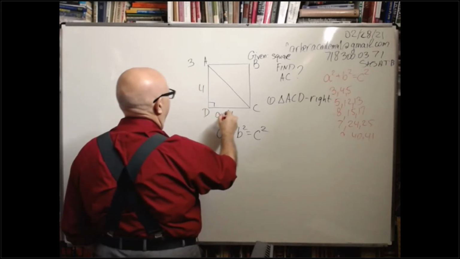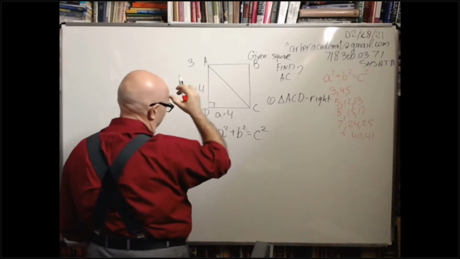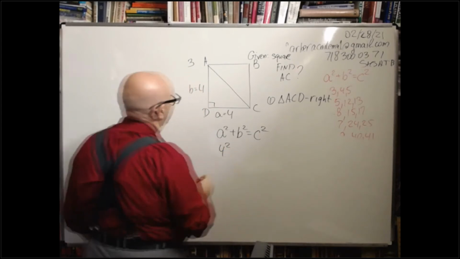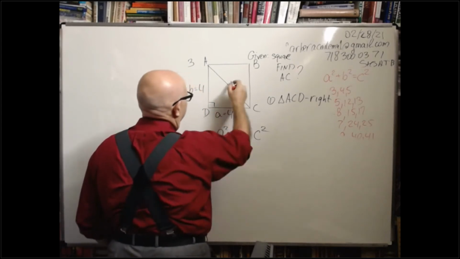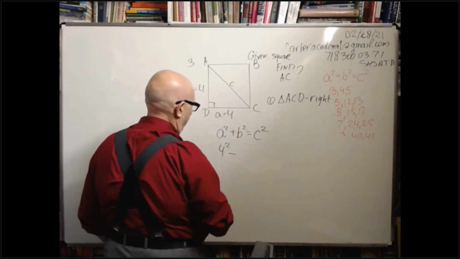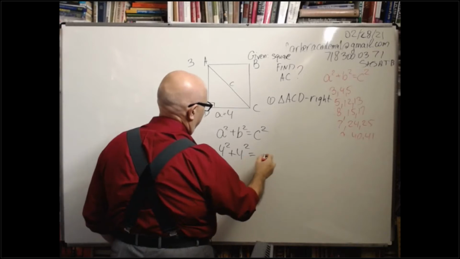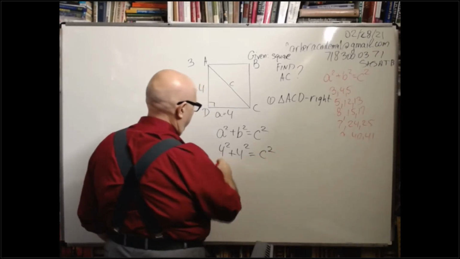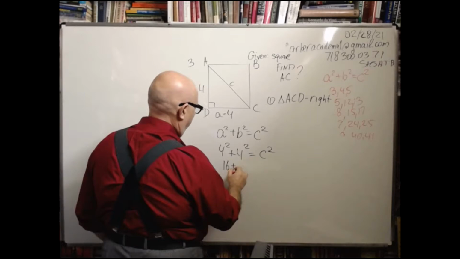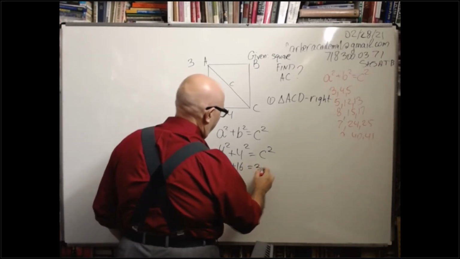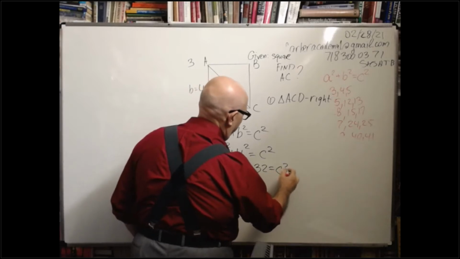Imagine this is a, this is b, they're the same. I can write 4 squared plus 4 squared equals c squared, or 16 plus 16, which is equal to 32, equals c squared.